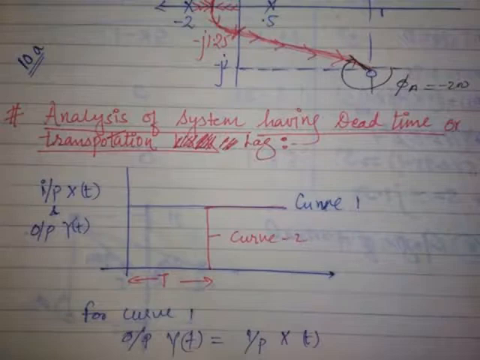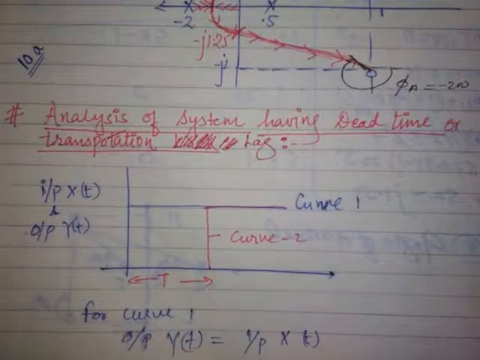So keeping only up to the first order term, we have y of t equal to x of t minus t into x dot of t. Y of s becomes x of s into 1 minus ts.